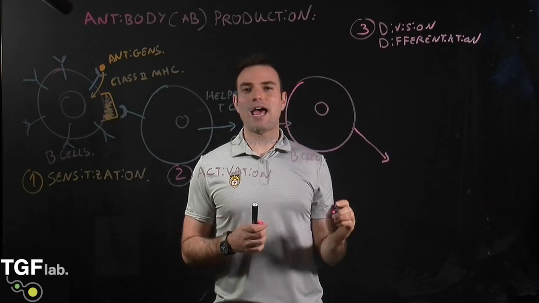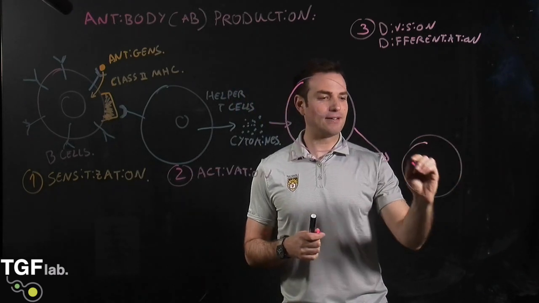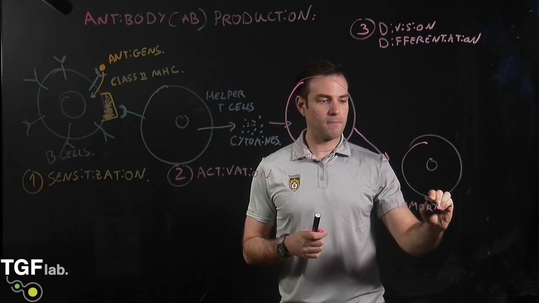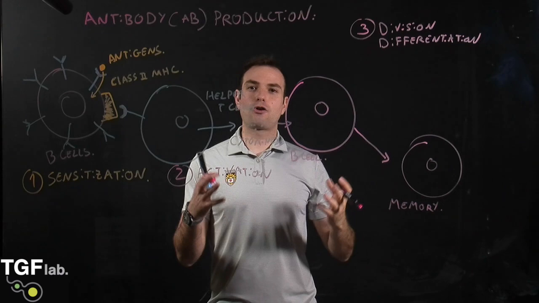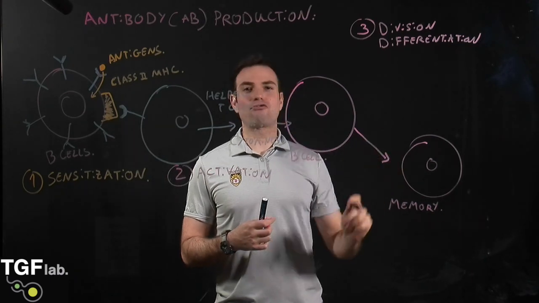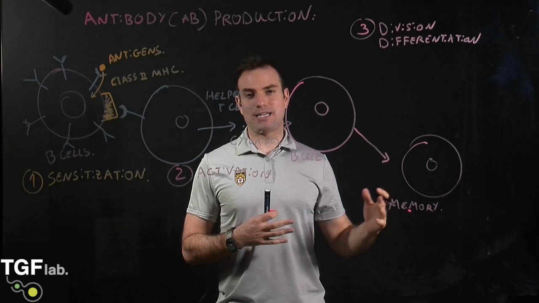The first type of B cell is the memory B cells. These memory B cells are going to be kept in our body for 20 years or longer, and they are the reason why we have long-term immunity.